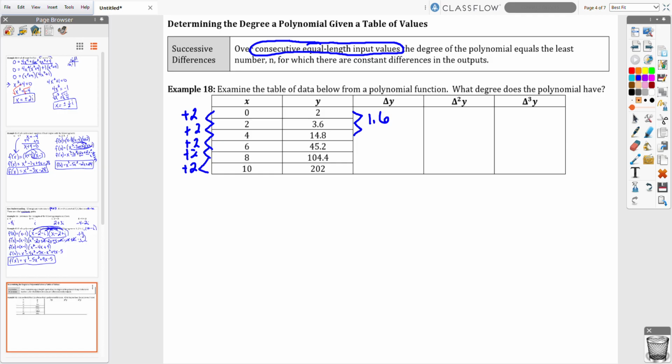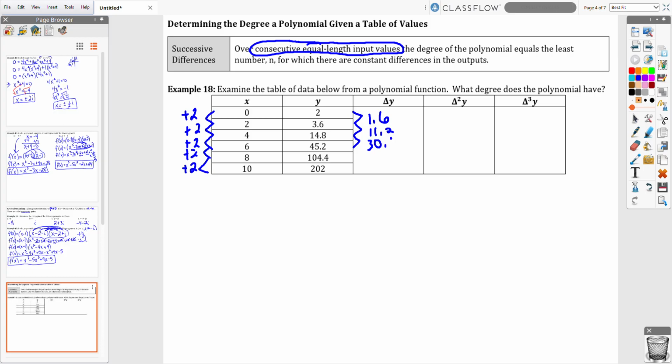Then if I find the difference between 14.8 minus 3.6, that gives us 11.2. So already we can see this one is not linear because those differences there have to be the same in order for our function to be linear. So let's keep going and see if we can figure out what degree our polynomial equation is. So 45.2 minus 14.8 is 30.4.